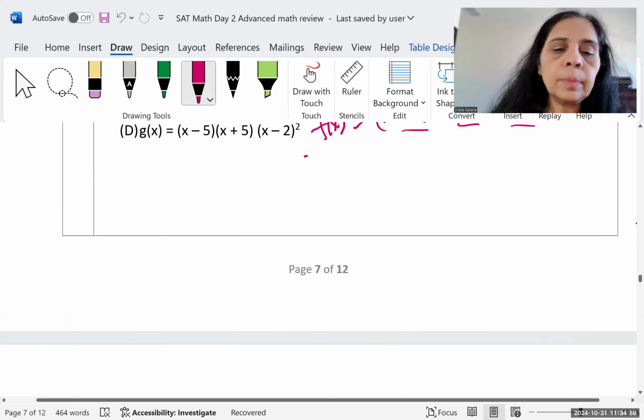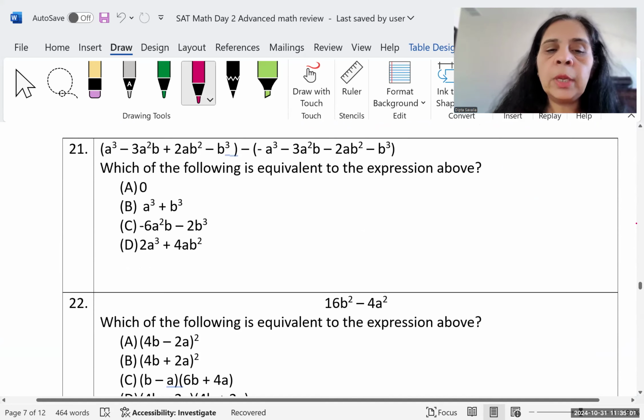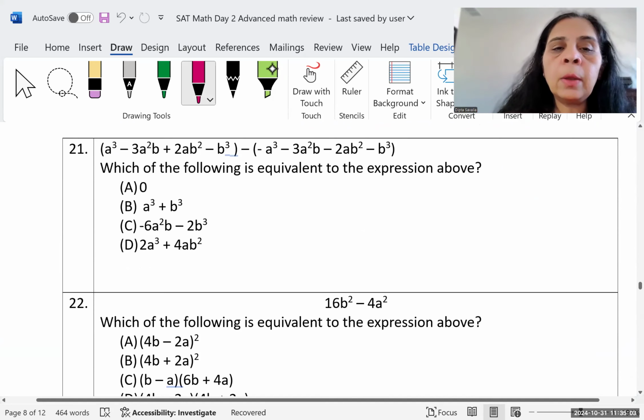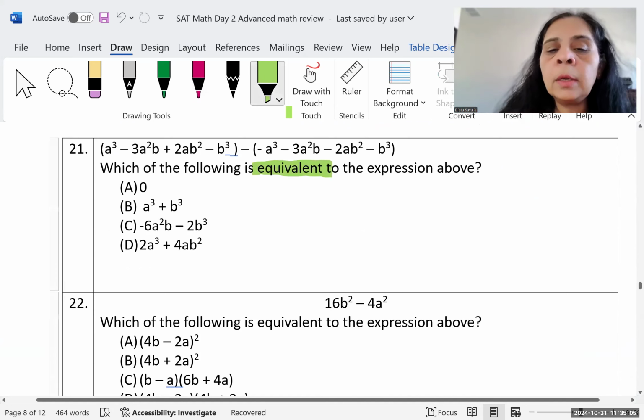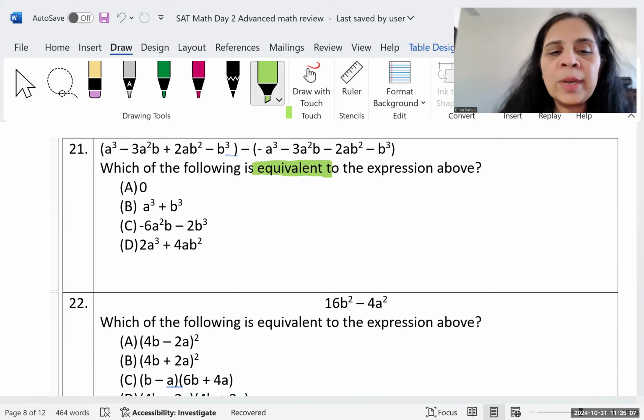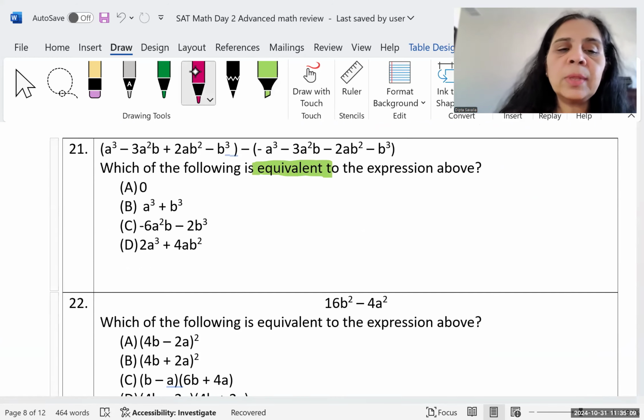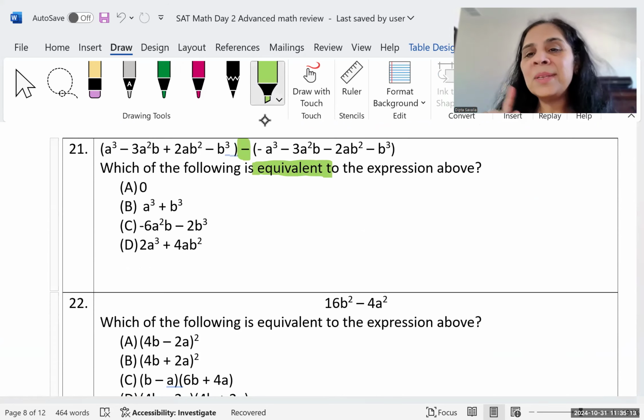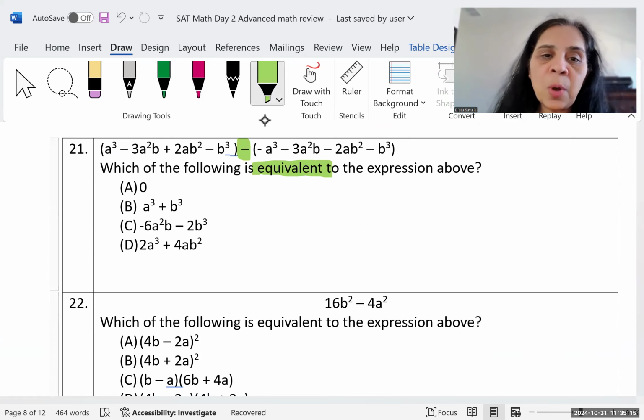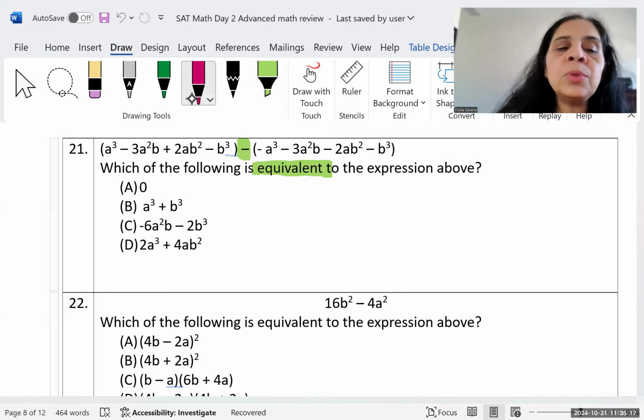Okay. Number 21, we have to find the equivalent expression. What does that mean? We have to simplify. So we can see we have subtraction. Do you know the rule for subtraction of 2 polynomials, right? We have to change the sign of the second polynomial.